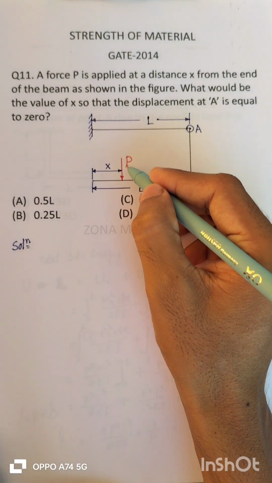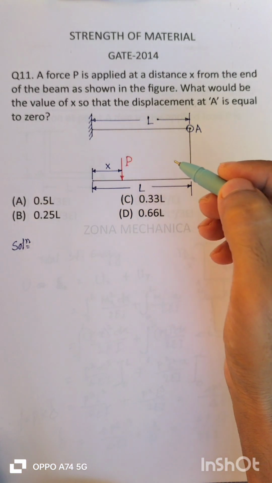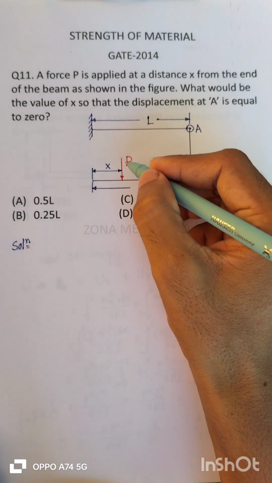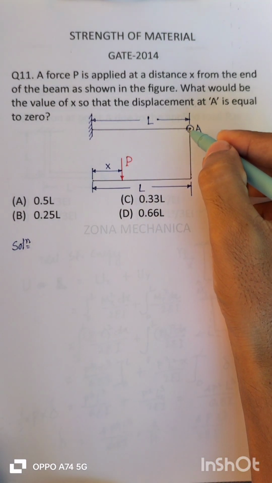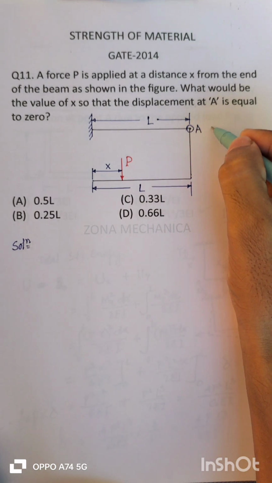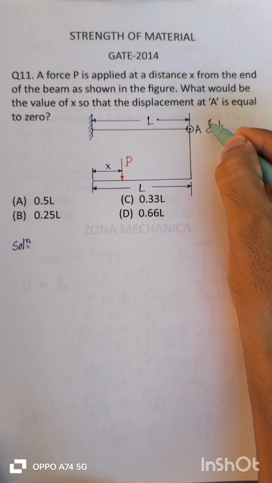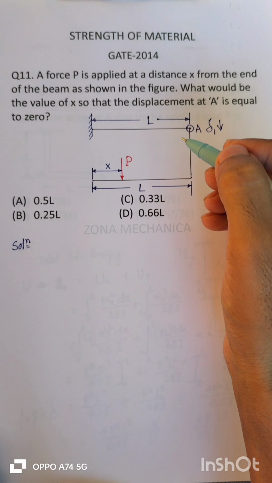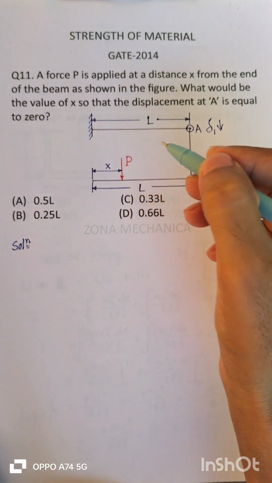The load is a single point load, but it has 2 effects at this point A. First, due to this direct loading, it will create a deflection over here downward. Let this be delta 1. Another effect will be due to the moment developed by this force.